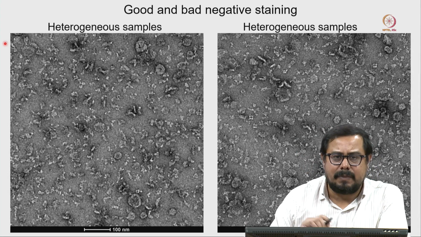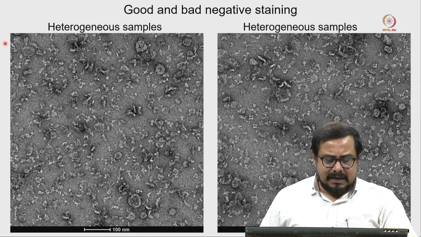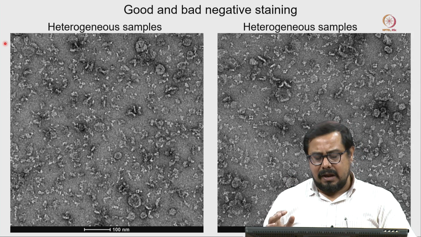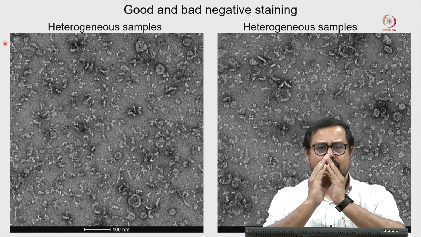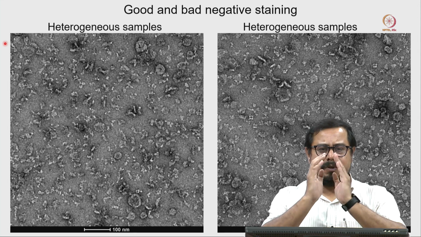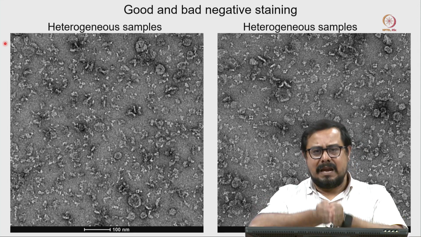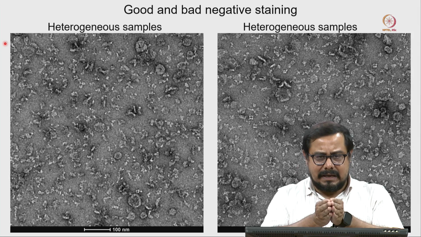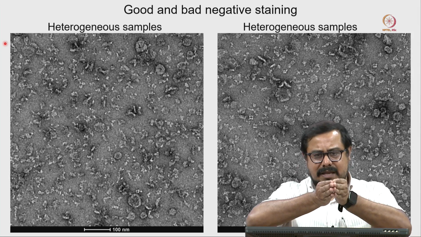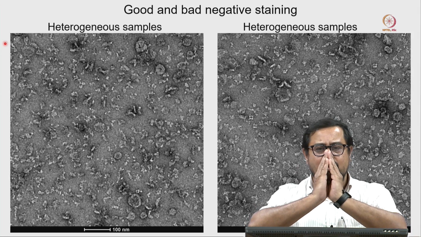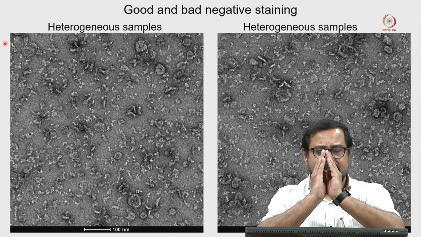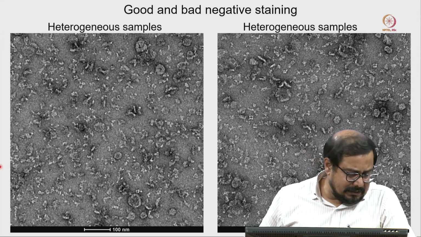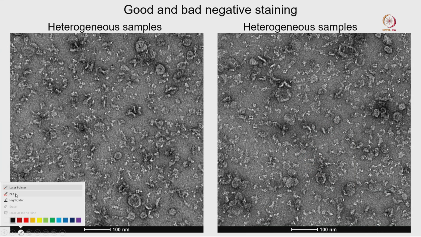In this particular sample, we are expecting some kind of elongated disc-shaped molecule. If you take the 2D image of this sample, it should look like this. The sample is like that, and from 2D when you look, you will see only these two sides. So if you look at this particular image, what can we see here?